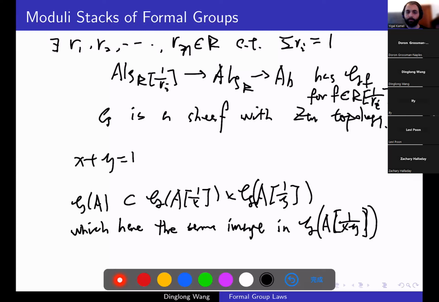That extends our definition of formal group law.